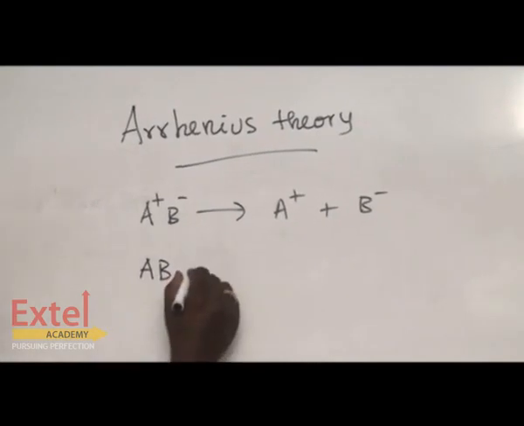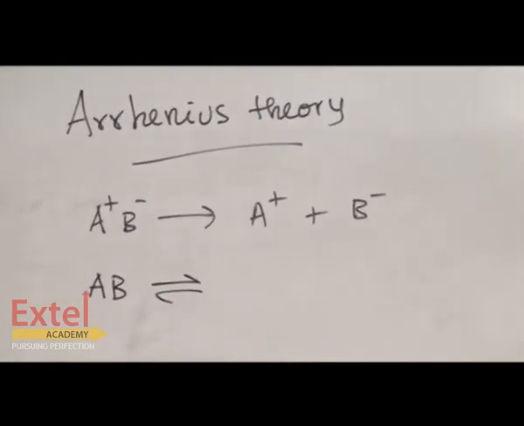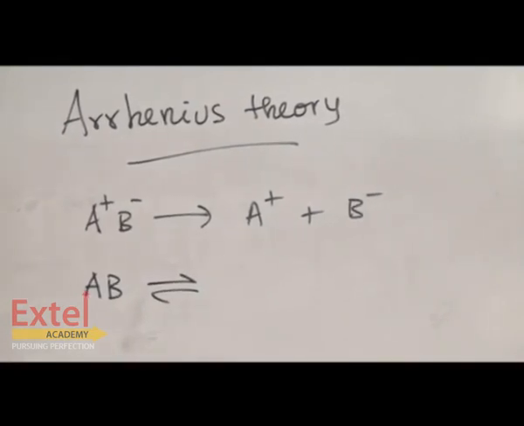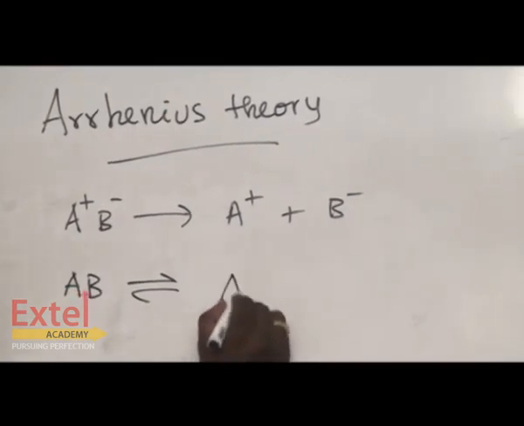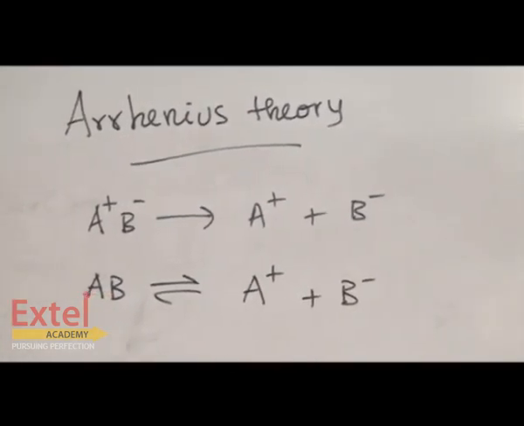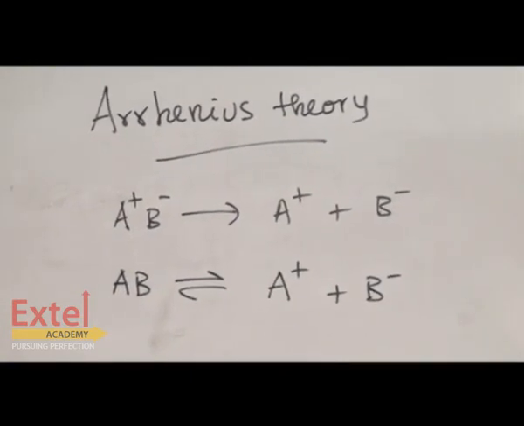Suppose if we throw this into the water, when the electrolyte has been thrown into the water, it decomposes to form a positive ion and a negative ion. Likewise, this symbol indicates that it's a reversible reaction.